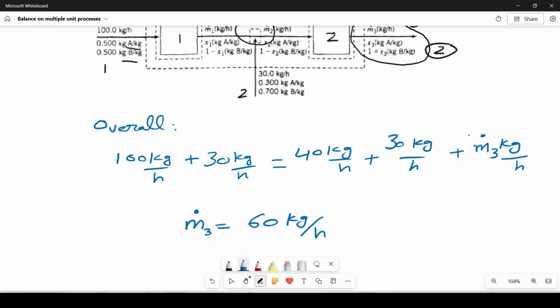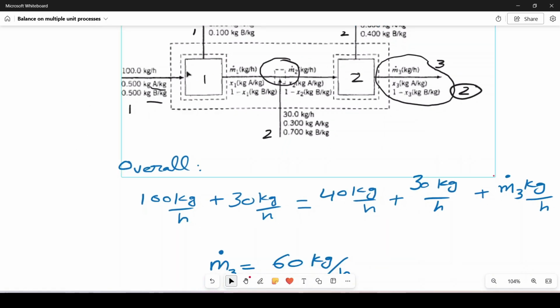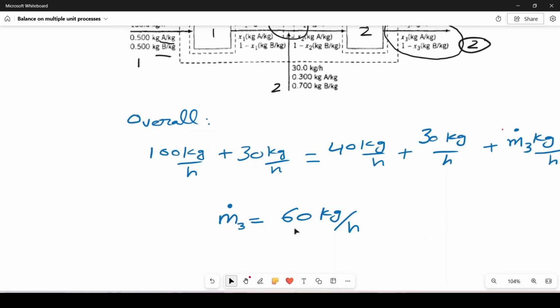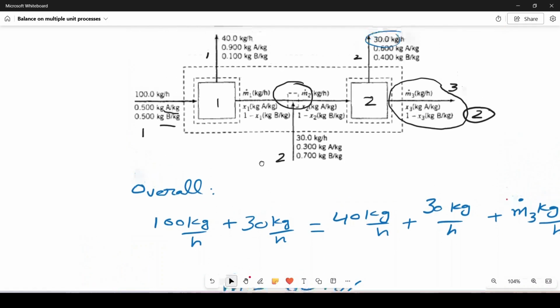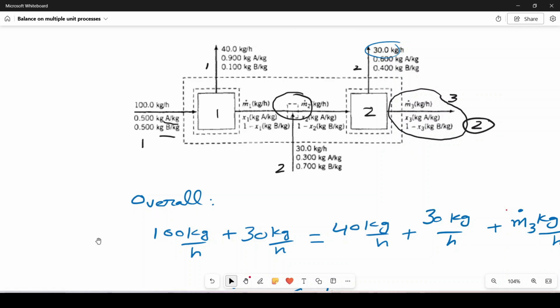So when you have this, after that you can apply the material balance on unit process 1 here. If we apply a balance on 1, the input is 100 kg per hour, and the outputs are 40 kg per hour and M1.